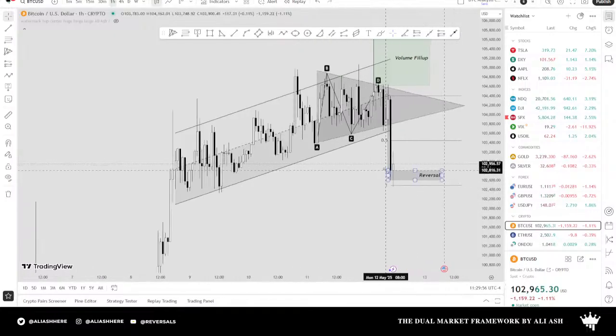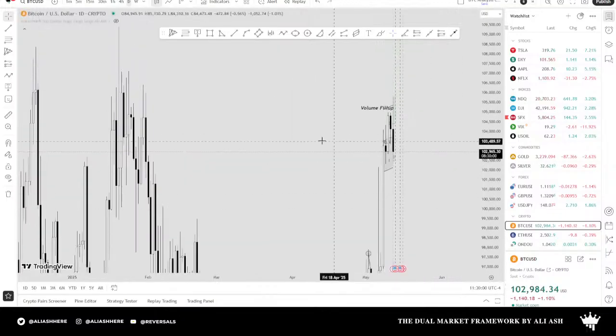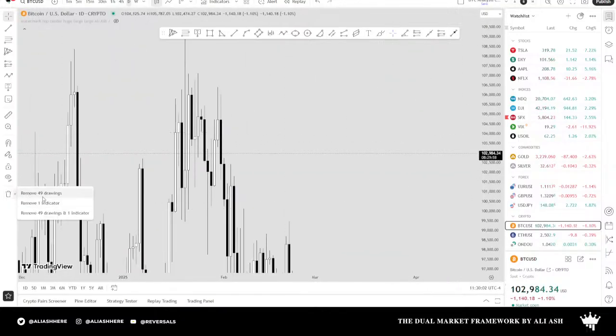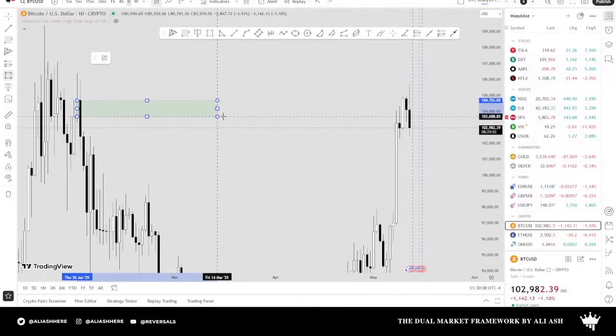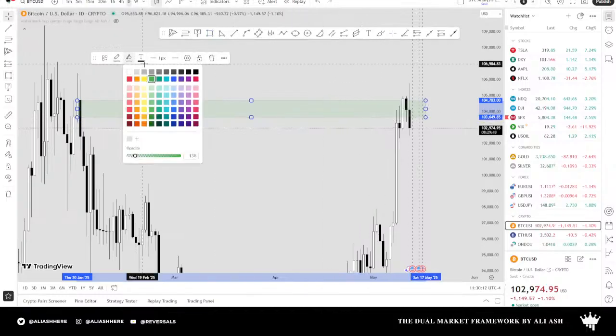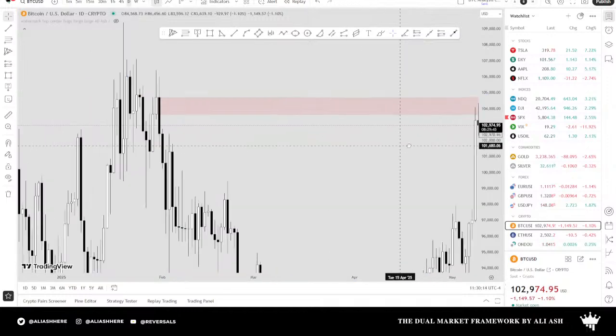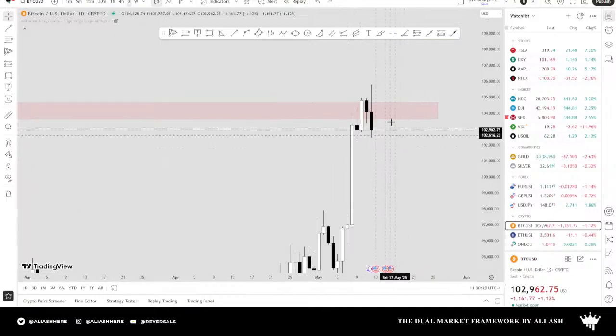But if you see on a daily chart, we are on the major resistance of this bearish engulfing. So just keep that in mind, that we are at major resistance, and the market will likely create a choppy zone here.